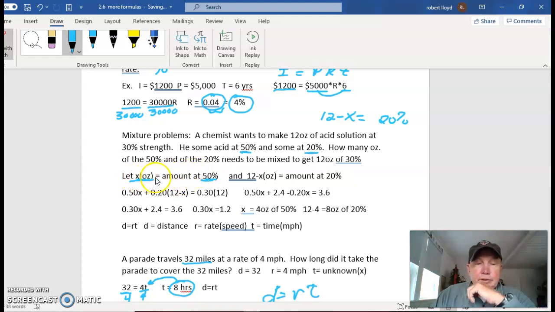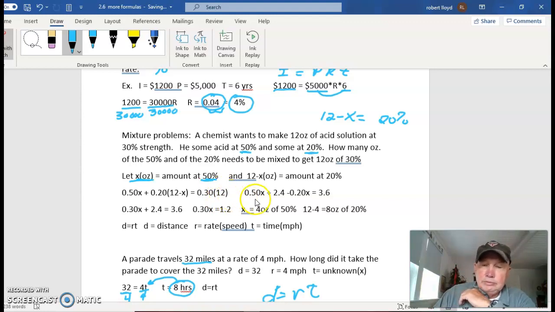Now, after we have assigned the variable, we've got to make an equation. So the 50% solution at x ounces plus the 20% solution at 12 minus x ounces has got to equal the 30% solution times the 12 ounces.